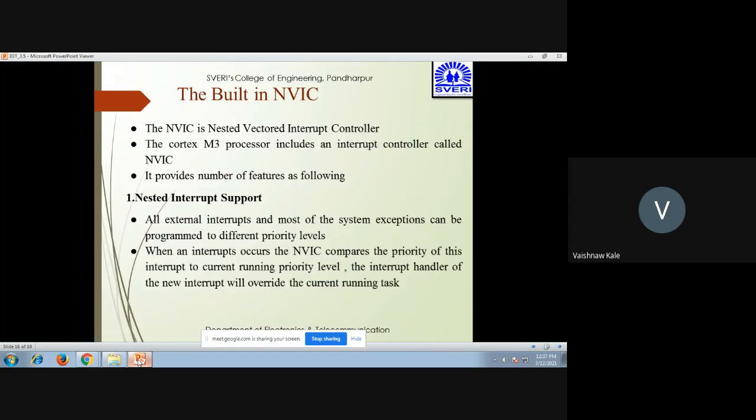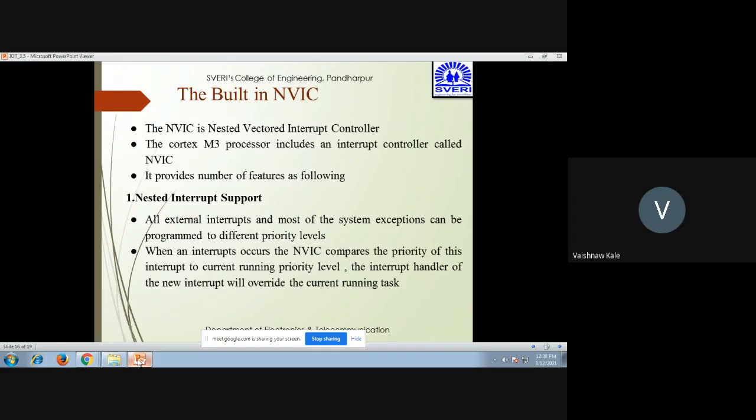सीधी सी बात है, NVIC एक nested vector interrupt controller है और ये कंट्रोलर को जैसे ही एक्सेप्शन दिया जाता है, वो एक्सेप्शंस की प्रायोरिटी लेवल देखता है. जैसे ही वो प्रायोरिटी लेवल देखता है कि इसकी प्रायोरिटी ज्यादा है, तो उस हिसाब से वो इंटरप्ट करता है.